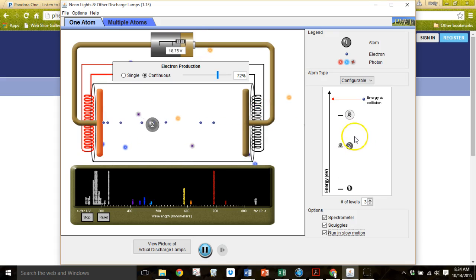The spacing between 2 electronic energy levels in atom A is smaller than in atom B. So you're going to have fewer photons emitted.